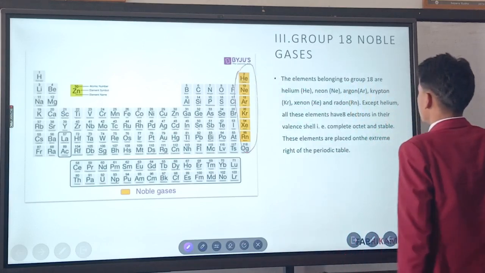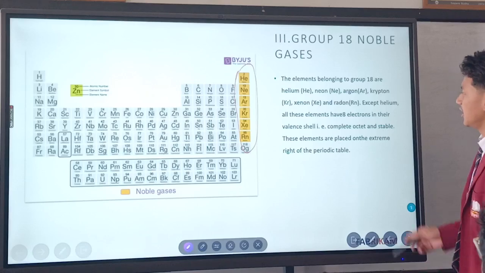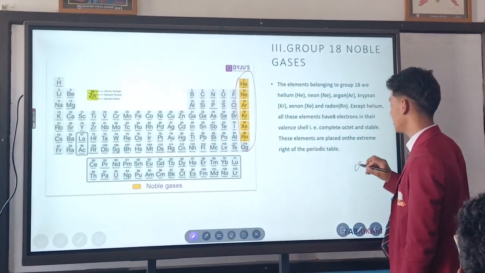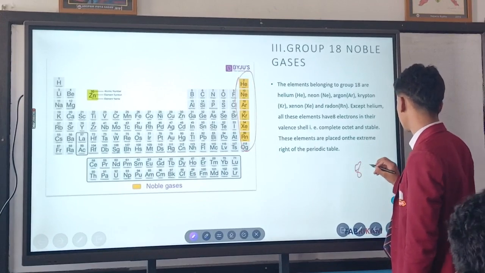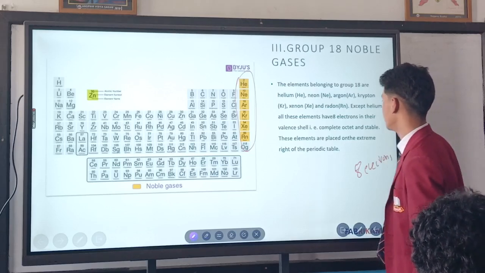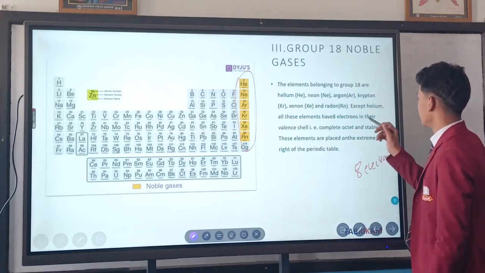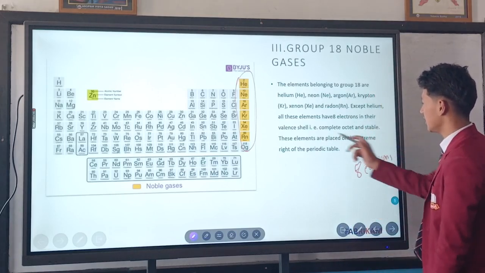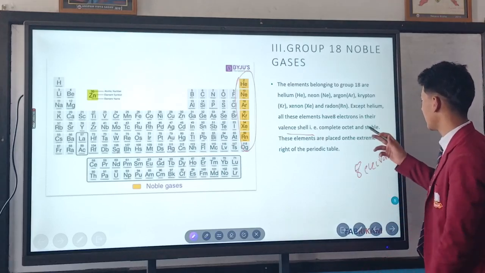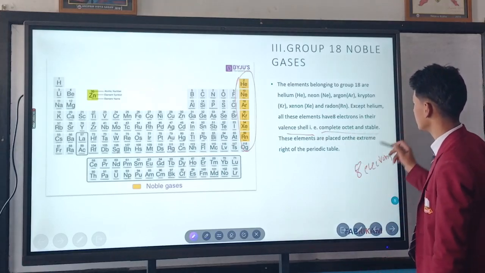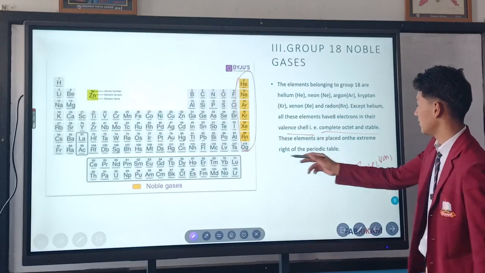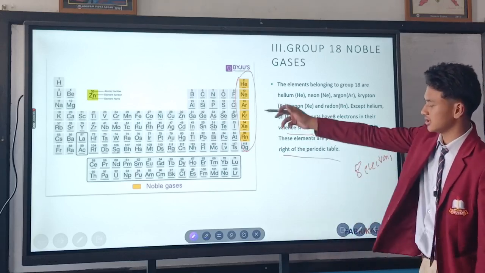Except for helium, all these elements have 8 electrons in their valence shell, and therefore have a complete octet and are stable. These elements are placed on the extreme right of the periodic table, and it is right here.